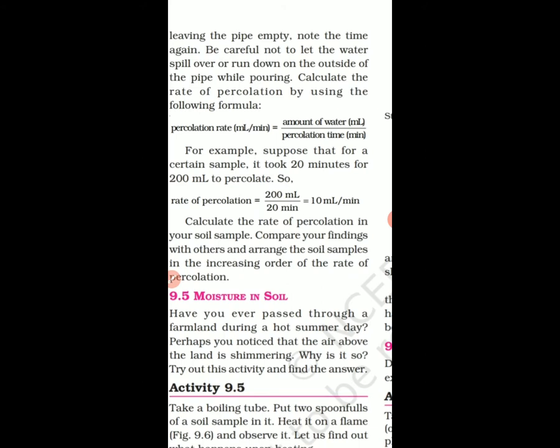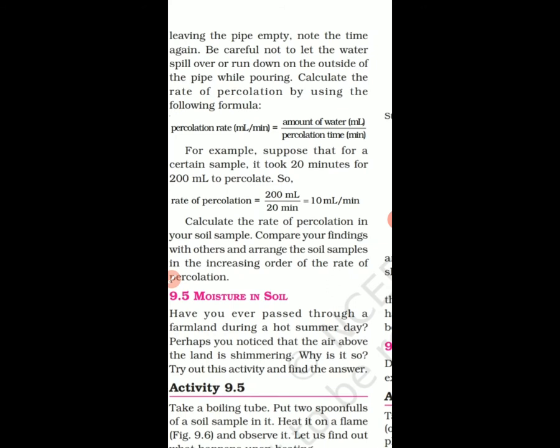Supposing you are pouring 200 milliliter and the time taken is 20 minutes. अभी जो हमने देखा कि आप पाइप में धीरे धीरे पानी डाल रहे हो, you have taken 200 milliliter of water and the time taken to absorb that much water by soil is supposingly 20 minutes. Then what is the rate of percolation? 200 milliliter divided by 20 minutes, that is 10 milliliter per minute, right?